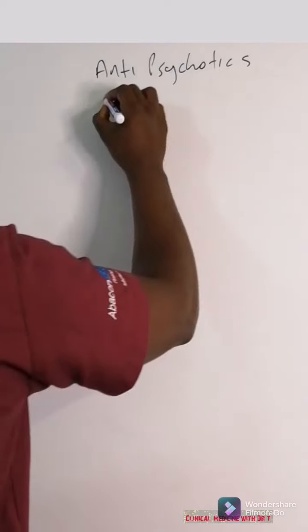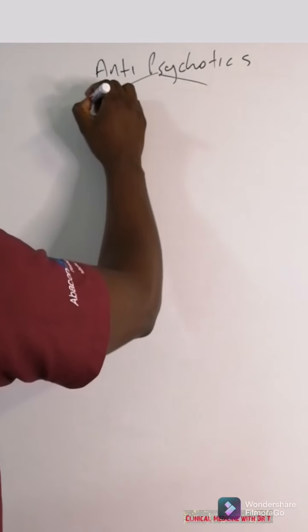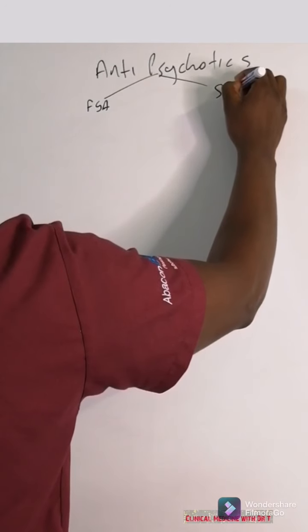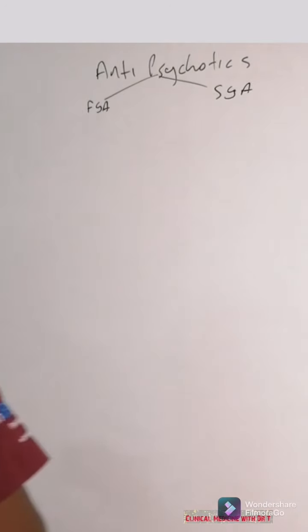So what we already know is that antipsychotics are divided into two: first generation and second generation antipsychotics.